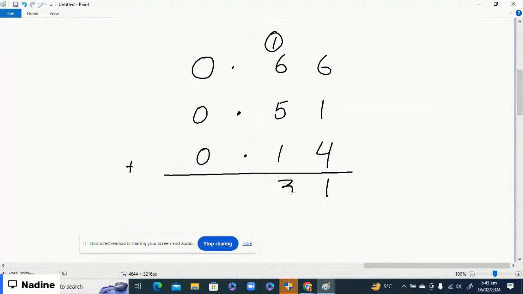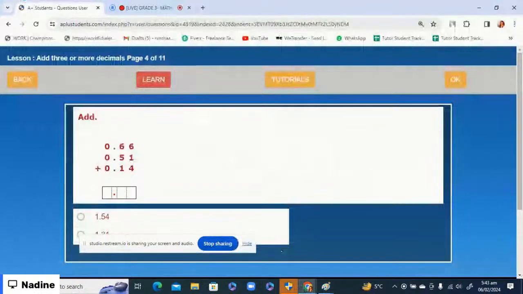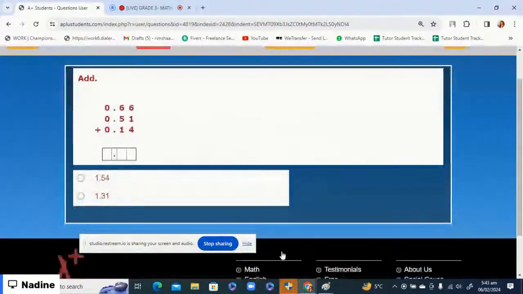Putting 3. Decimal point is same. 1 goes up. And 1 plus 0 plus 0 plus 0 is 1. So 1.31. That is here.